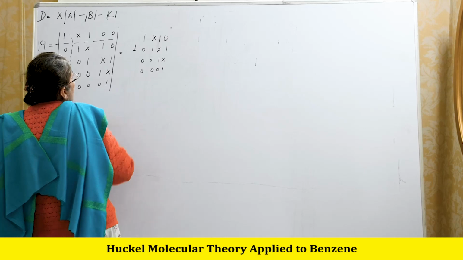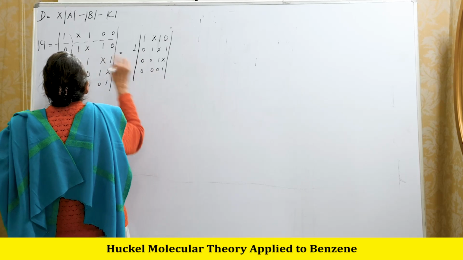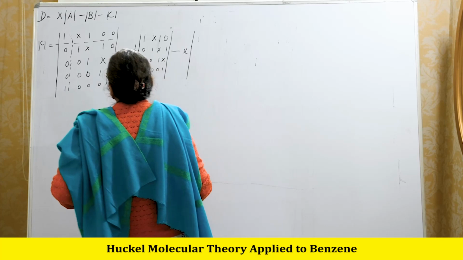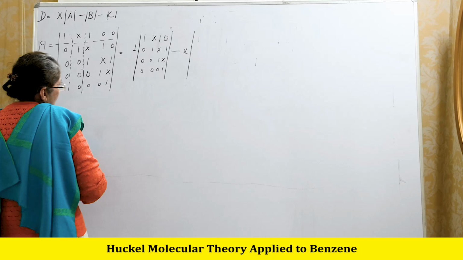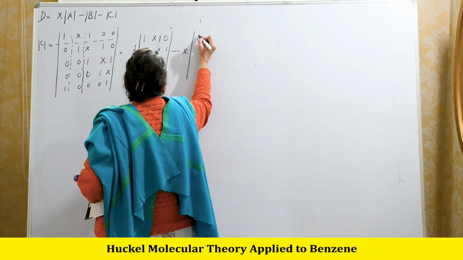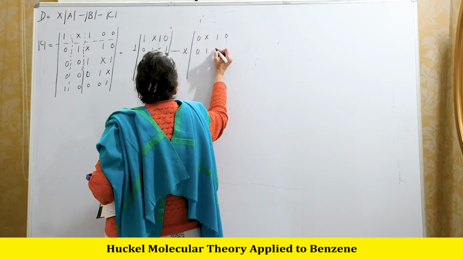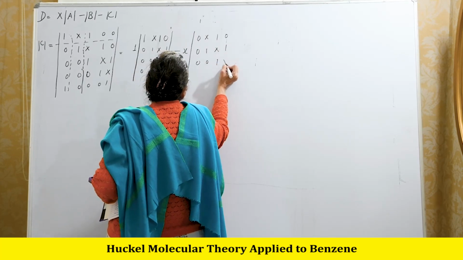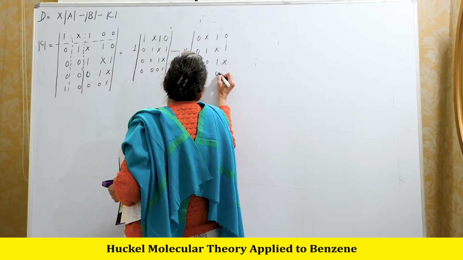So here again it is in determinant form, 1 minus x. This is minus x, minus x, ignore this column and line. Then 0 x 1 0 0 1 x 1 and 0 0 1 x 0 0 1 x and 1 0 0 1 1 0 0 1.